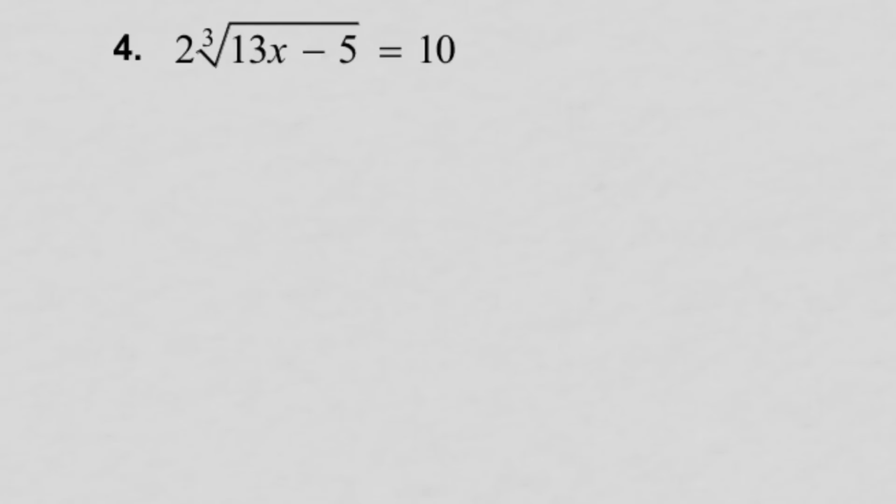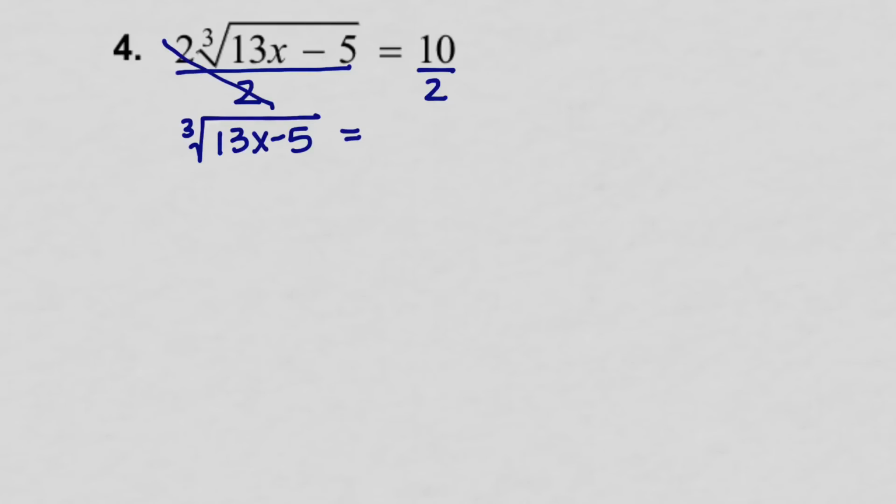Now it's 2 times the cube root, so we're going to divide by 2, since that is the opposite of multiplication. The 2's are now canceled on this side, and I have the third root of 13x minus 5, and then 10 divided by 2 is 5. Okay, so now step 1 is done.